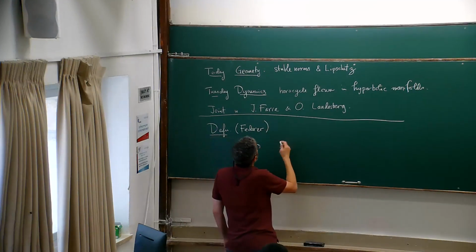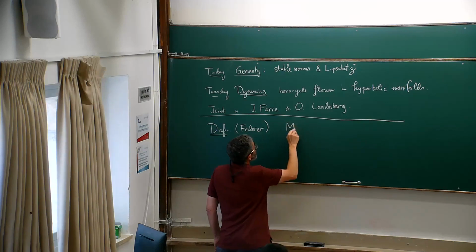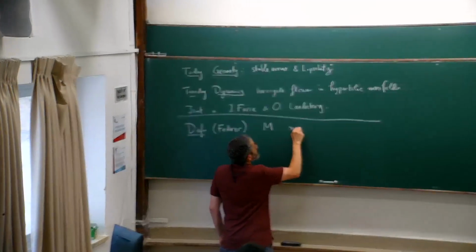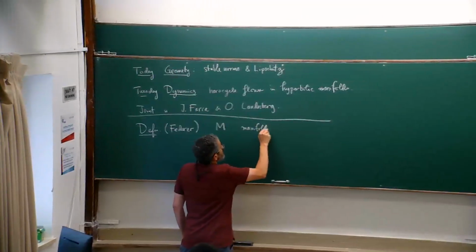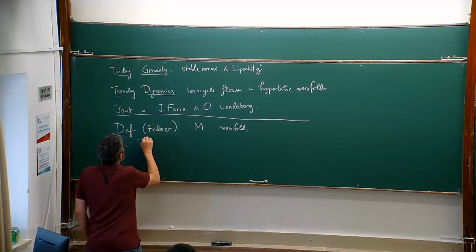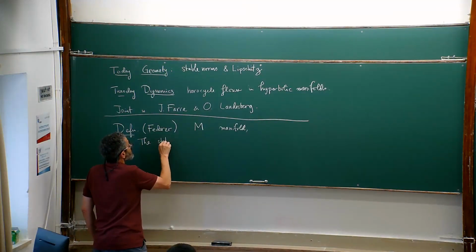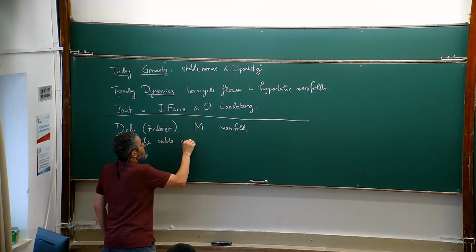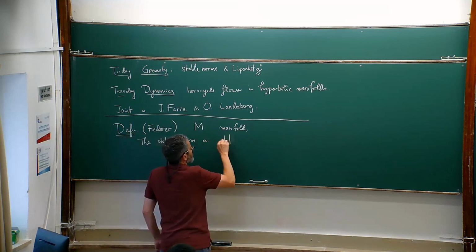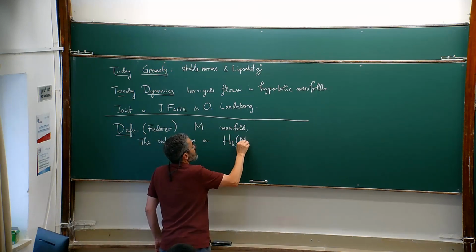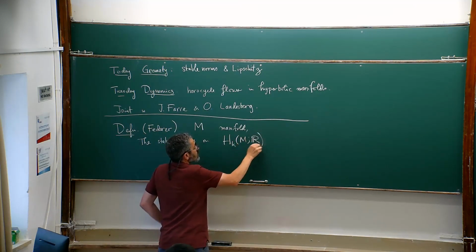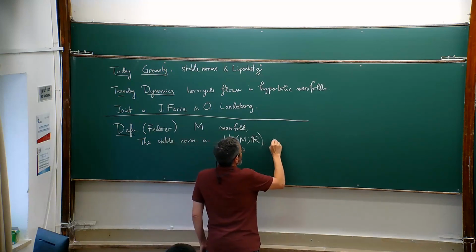It's called the stable norm on homology. So if M is a manifold, the stable norm on, say, the kth homology of M, with real coefficients, is the following.